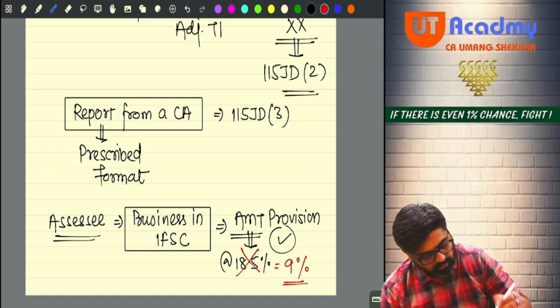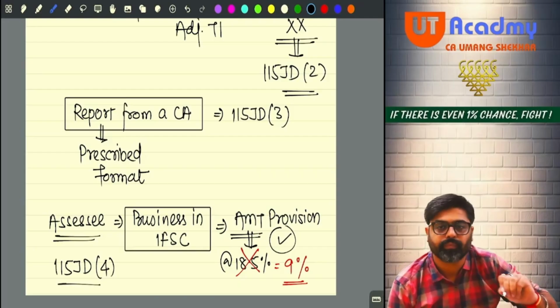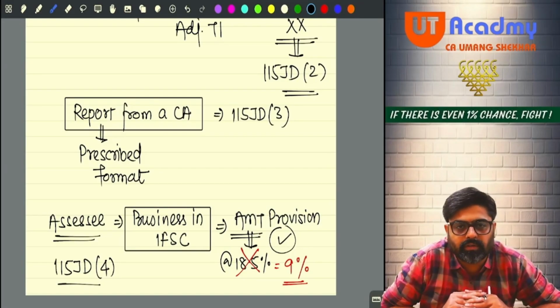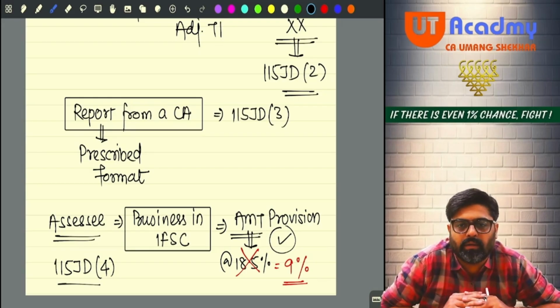So this is given under section 115JD subsection 4. So 115JD subsection 4 says that the AMT rate will be only 9% for those assessees who are doing their business in IFSC.